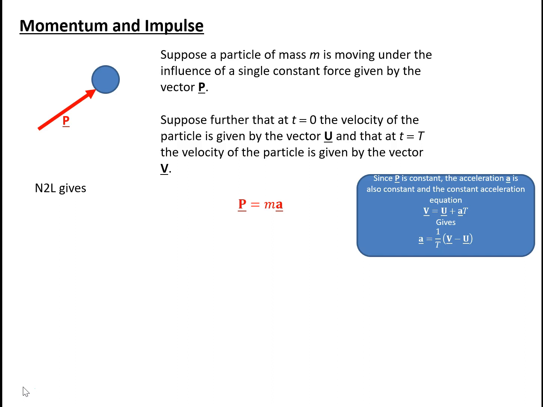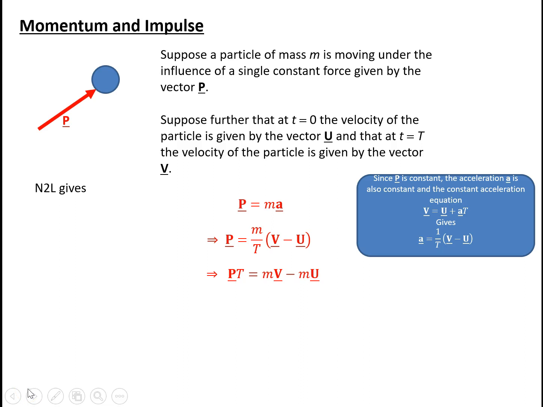So we can rewrite Newton's second law as p equals m over t times v minus u. If we multiply each side by t, p times t equals m times v, take away m times u.